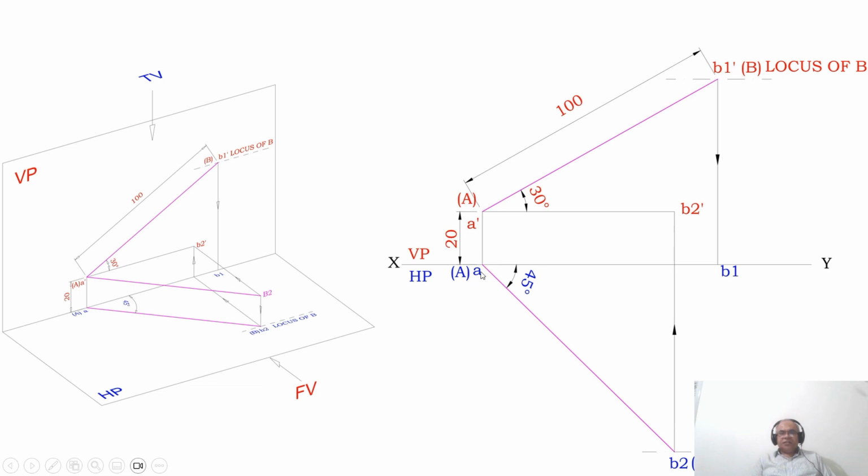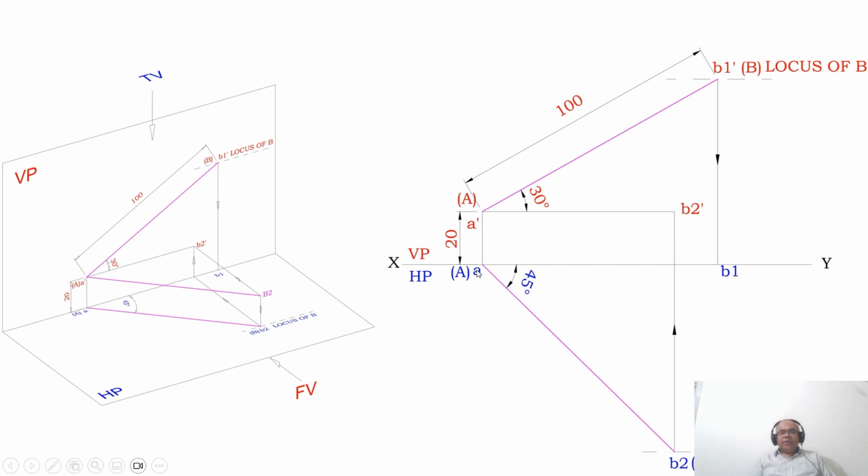That is, small AB1 is the top view for the front view true length, A dash B1 dash. So from B1 dash, you draw a vertical projector to the XY line and mark that point as B1. So AB1 is parallel to XY in the top view, therefore you can see the true length in the front view.